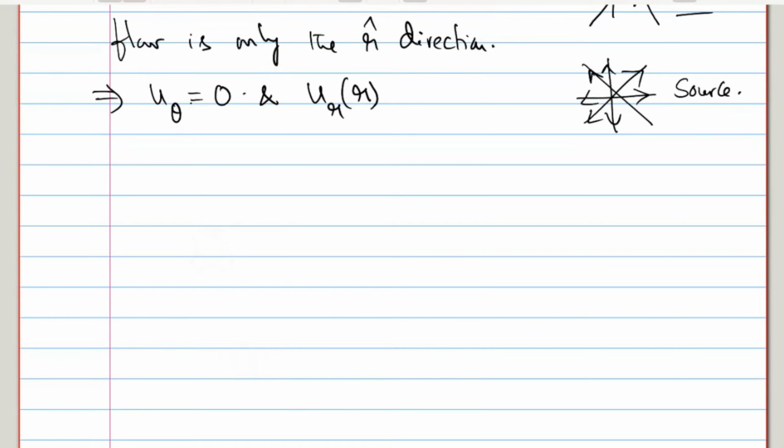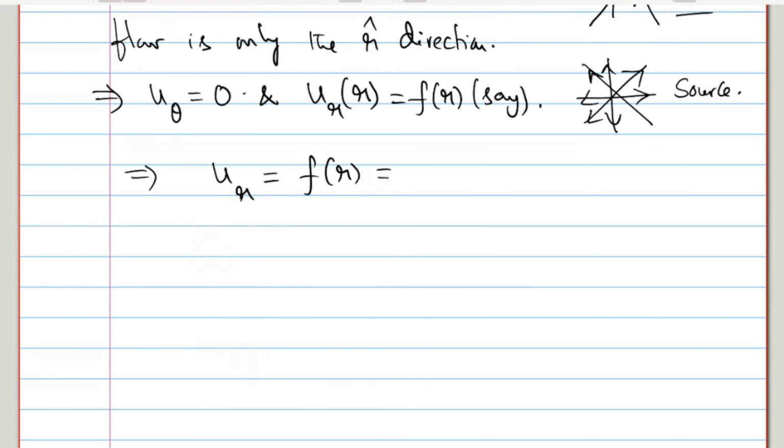This is U theta in the direction of theta cap, so it doesn't depend on theta either. So you simply call this F of R. This implies UR is basically F of R.